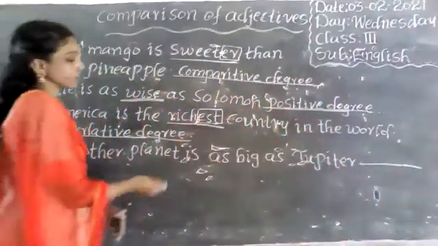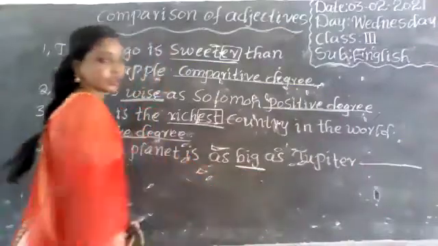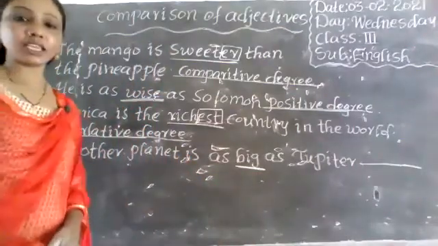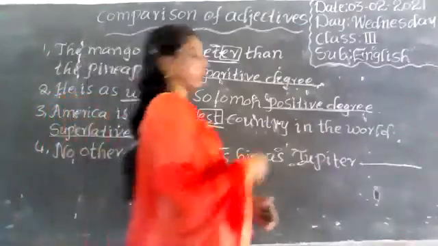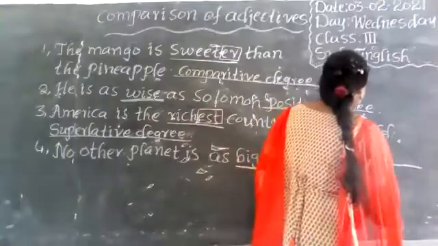No other planet is as big as. Must observe the adjective big. We did not add er or est. That means the given degree is positive degree. Okay? It is positive degree.